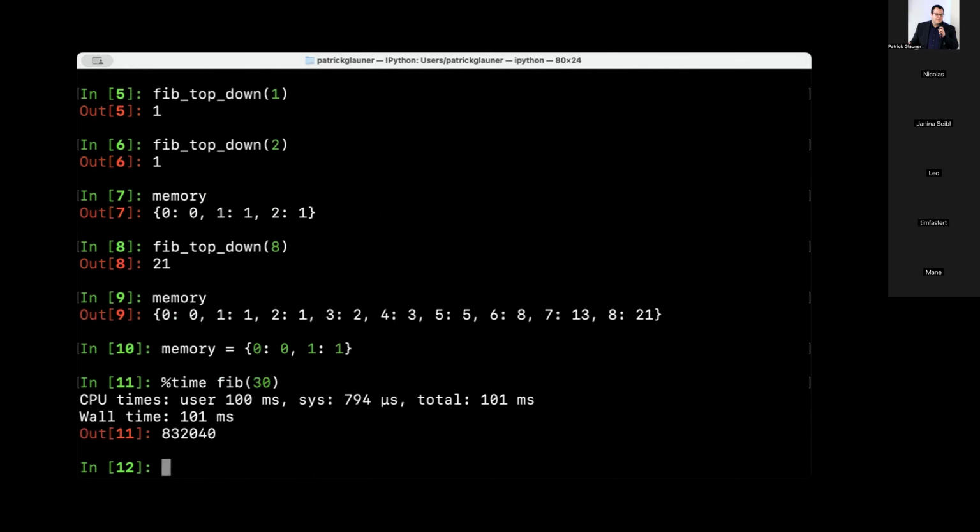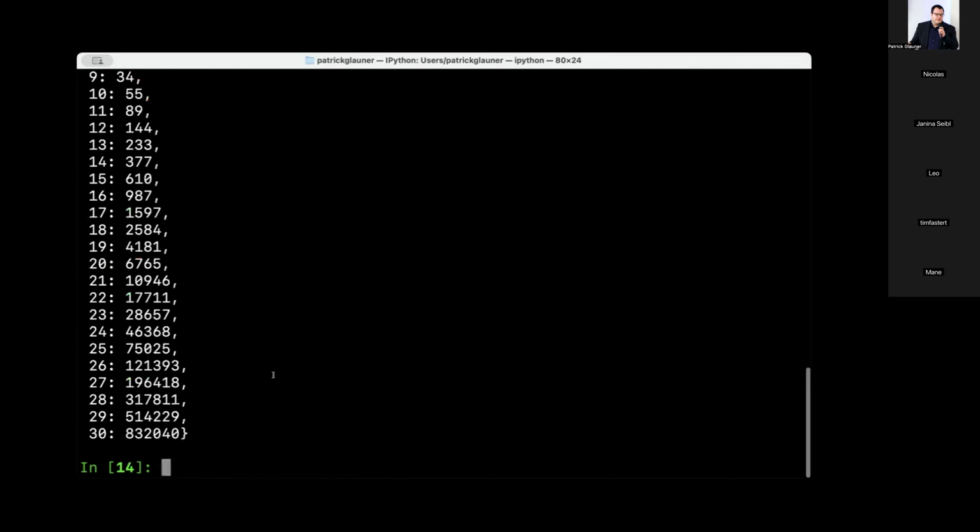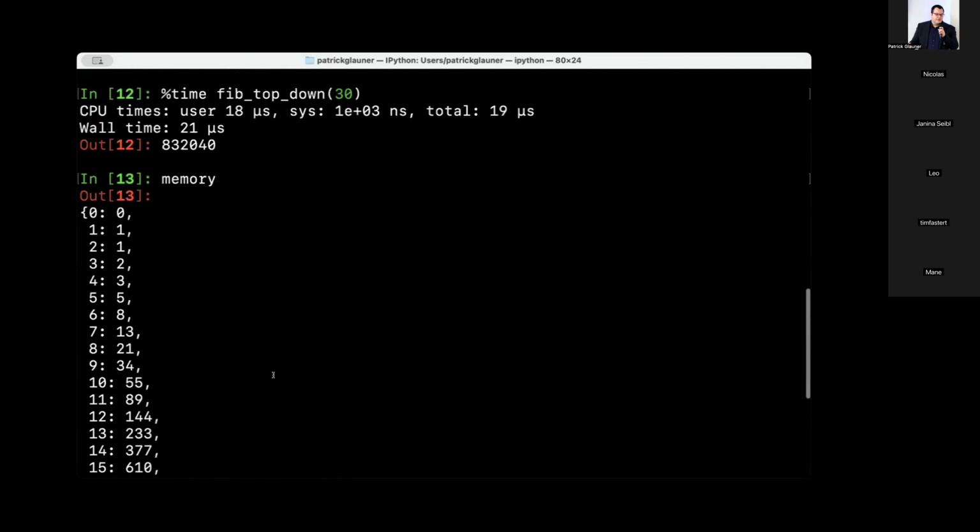And we see it took like 101 milliseconds. And we can call this now on fib top down, for which we have reset the memory. And we see it takes just 21 microseconds. And if you make n much larger, the difference will be even bigger. And we see the memory has grown because these new entries have been added.